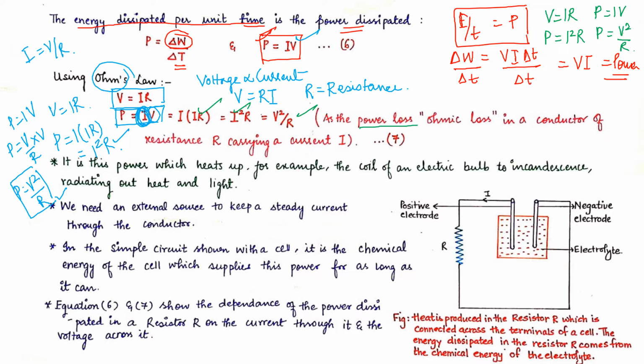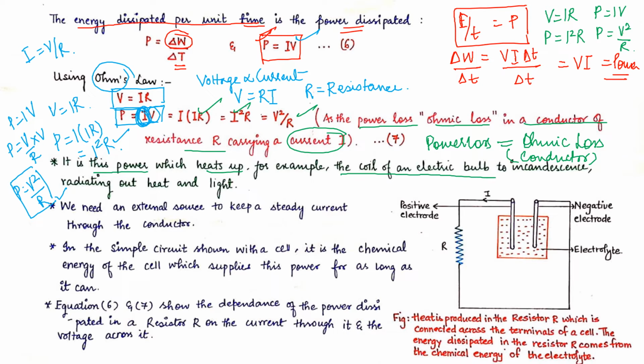The power loss is ohmic loss in a conductor of resistance R carrying the current I. The power loss is known as ohmic loss, but in the case of conductors, not everywhere. Now it is this power which heats up, for example, the coil of an electrical bulb to incandescence, radiating out heat and light.